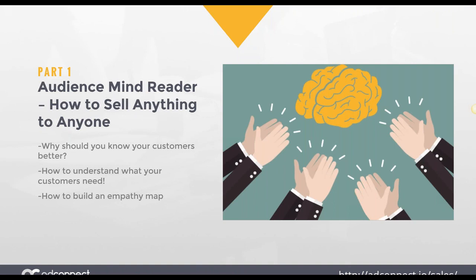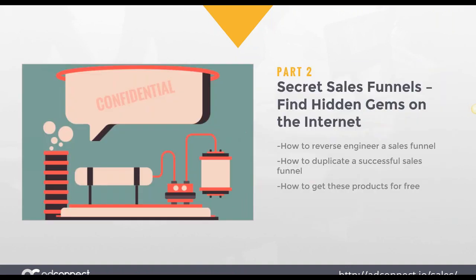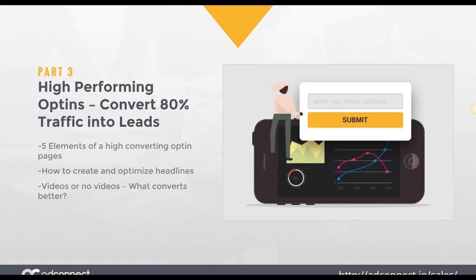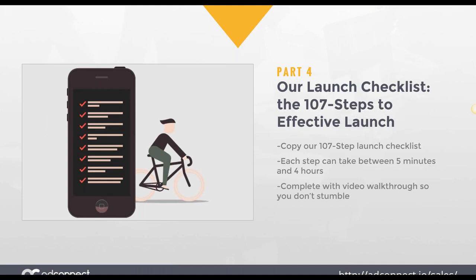It's going to talk about how to sell anything to anyone, how to create secret sales funnels that work, how to reverse engineer effective sales funnels from your competitors, and of course, how to get free products, especially when you're running affiliate promos for JV Zoo products. You're also going to learn the elements of high-performing opt-ins and use the same formula for your own business.